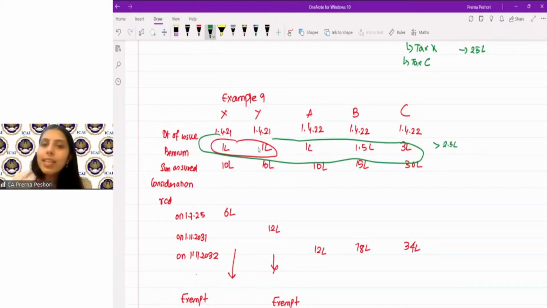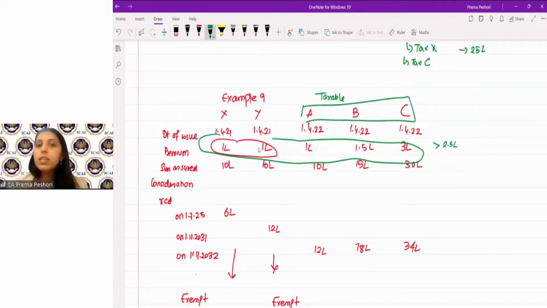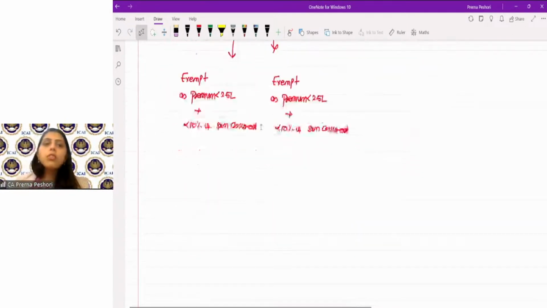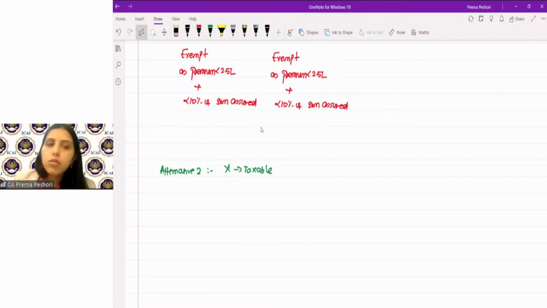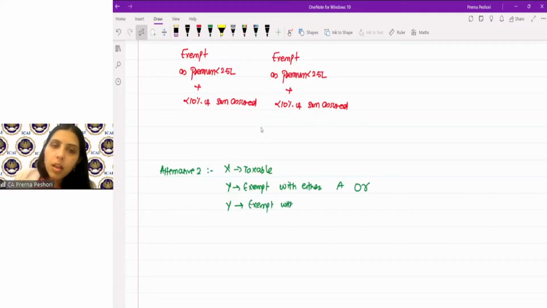So very clearly, these three will become taxable. This is alternative 1. Alternative 2 is X taxable. So then Y will be exempt with either A, or you can claim Y exempt with B.